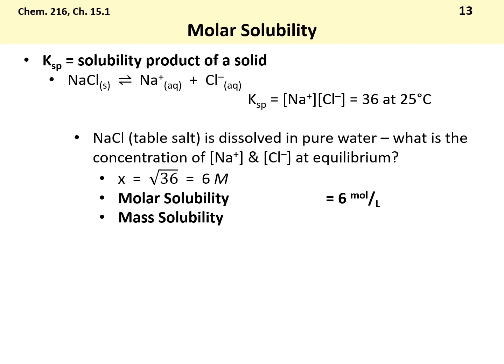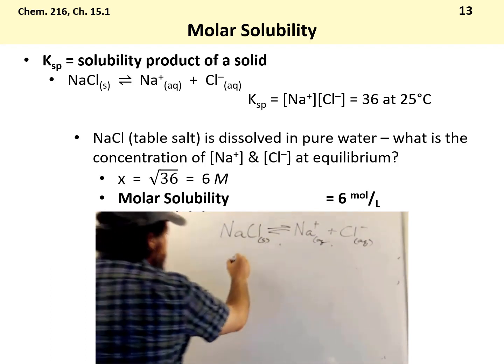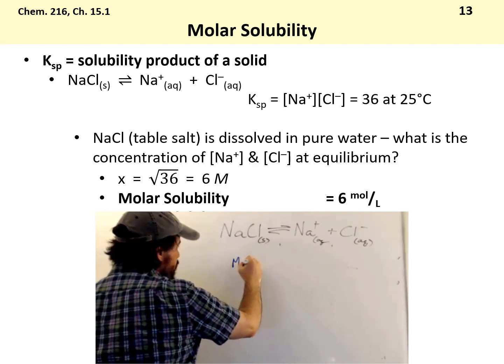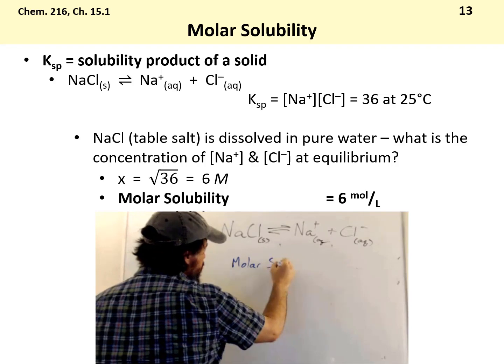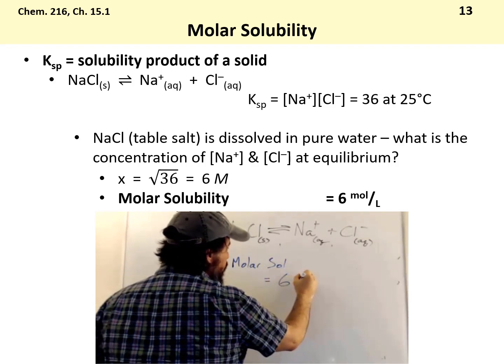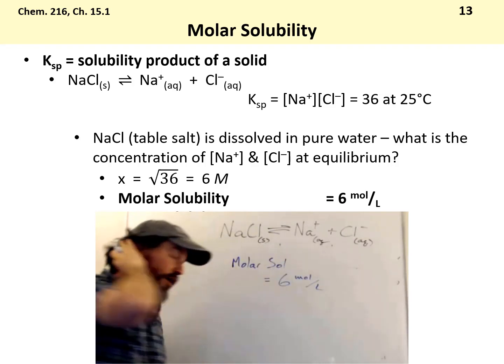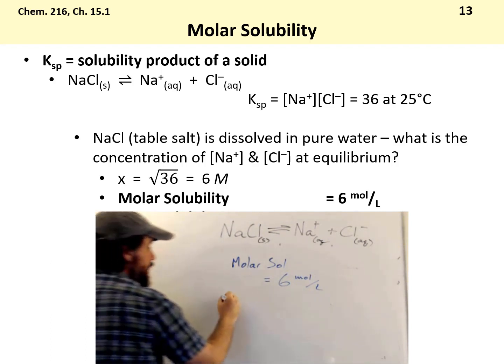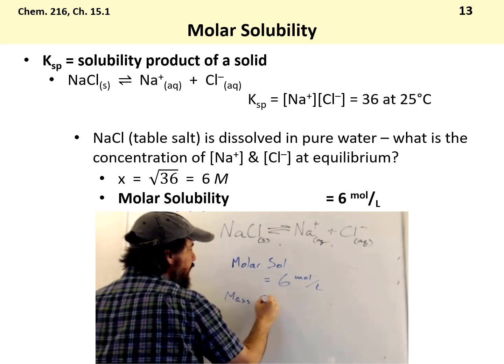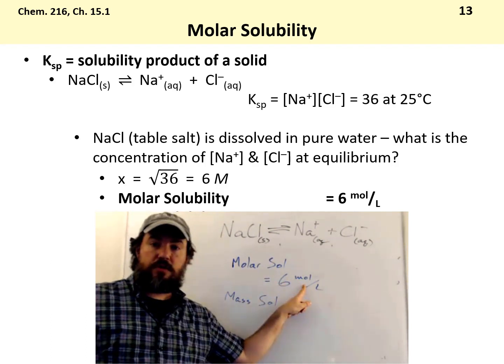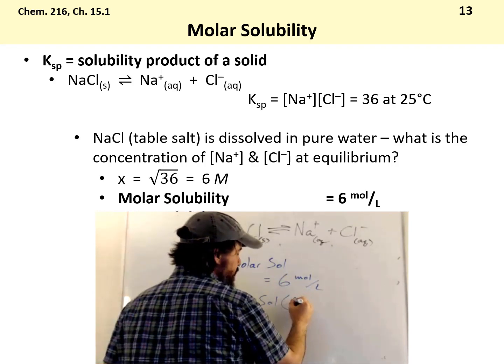So we found out X. X is going to be my molar solubility, okay? So if my molar solubility here is 6 moles per liter, and I want to know a mass solubility, well, I need to convert from moles to grams.